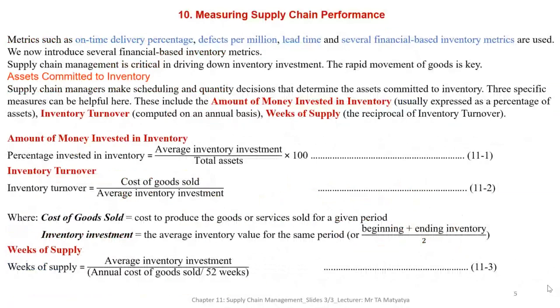Okay, now we are measuring supply chain performance. It's time to get your calculators and papers, guys. Metrics such as on-time delivery percentage, defects per million, lead time, and several financial-based inventory metrics are used. We now introduce several financial-based inventory metrics.